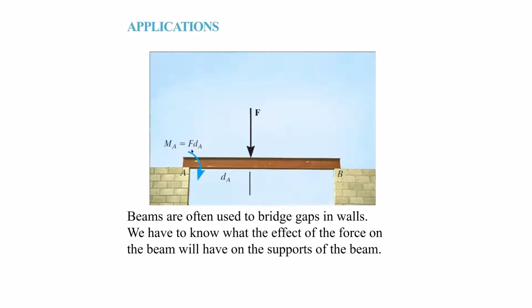So if we added this F times dA to whatever force is acting here, we'll call that FB, let's say, times this distance from A to B, and we took those two and added them together, we should come up with 0.